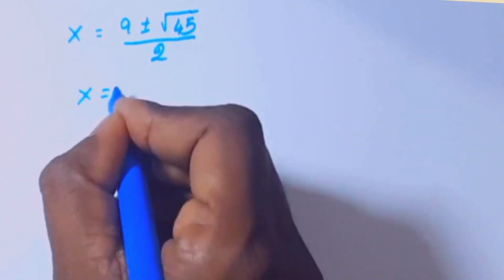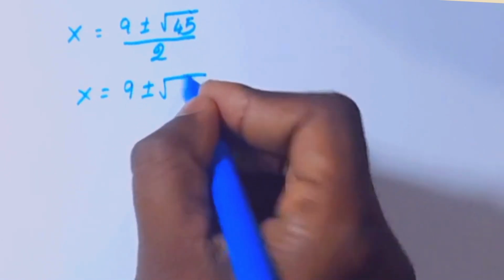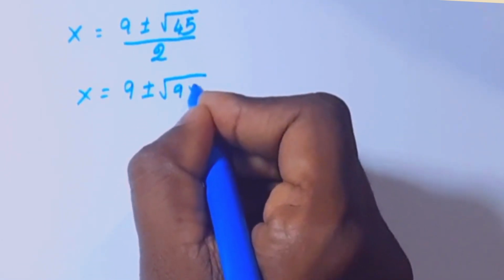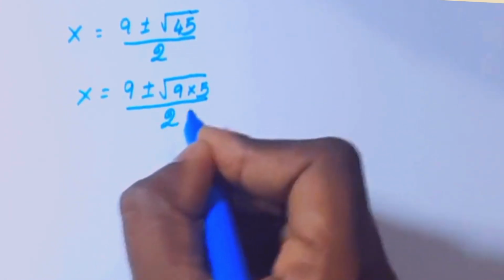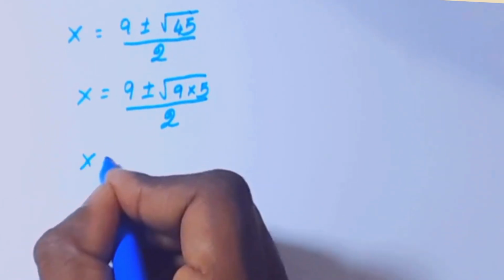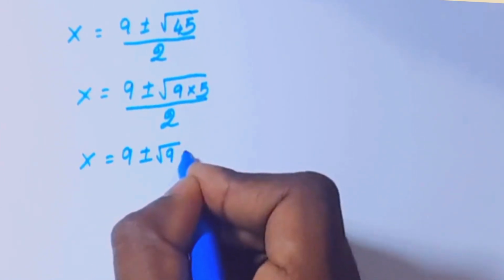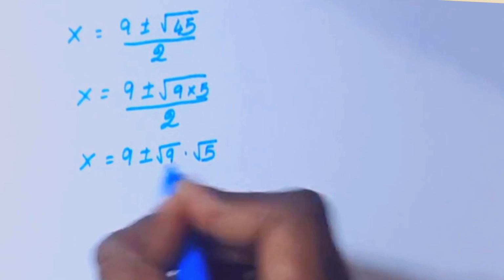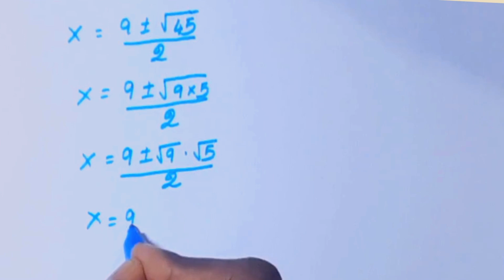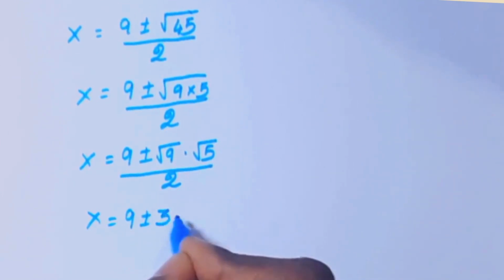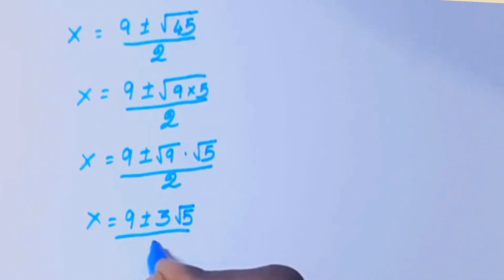Now x equal to 9 plus or minus square root of, this 45 can be written as 9 times 5, by 2. Now x equal to 9 plus or minus square root of 9 times square root of 5, by 2. Now x equal to 9 plus or minus, square root of 9 is 3, square root of 5, by 2.